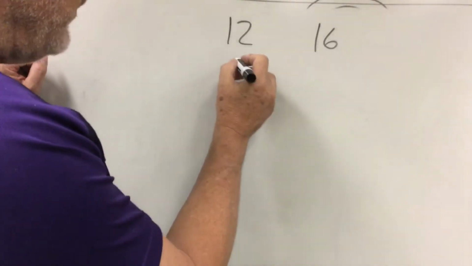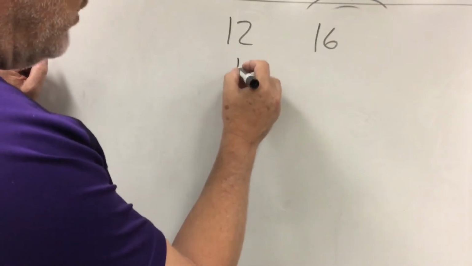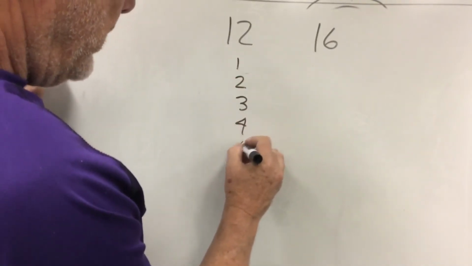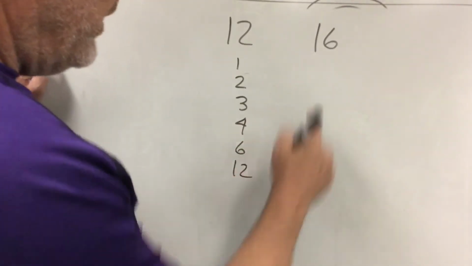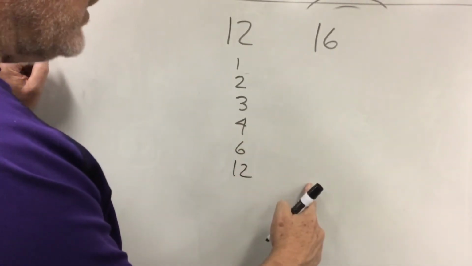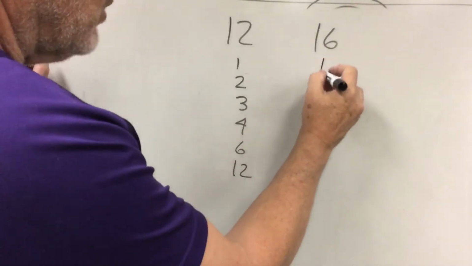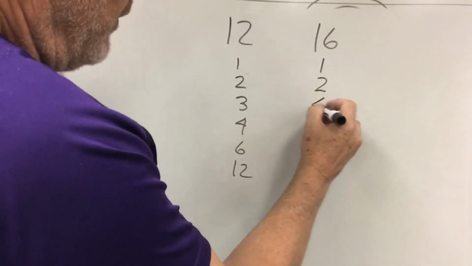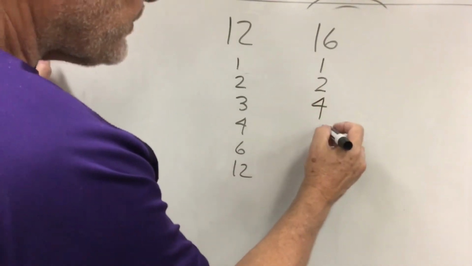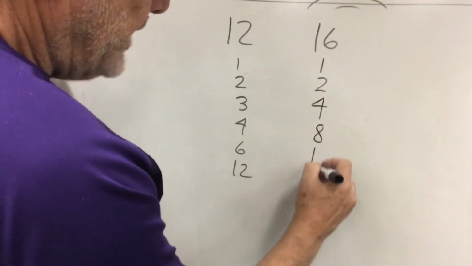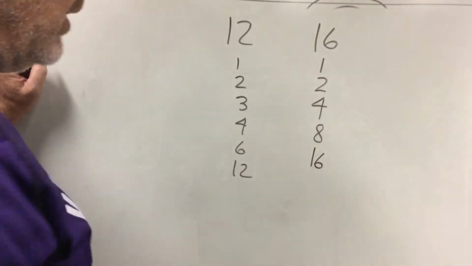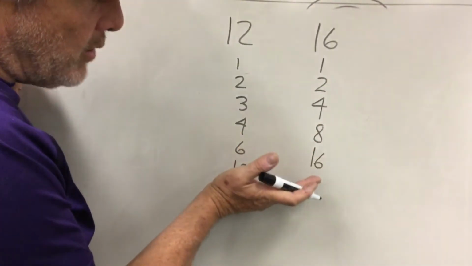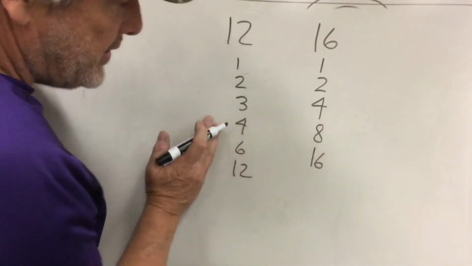So we'll list the factors of 12 vertically: 1, 2, 3, 4, 6, and 12. And now we'll list the factors of 16, which are 1, 2, 4, 8, and 16. So looking at the list, now we're looking at the number that is the greatest that's on this list and this list.